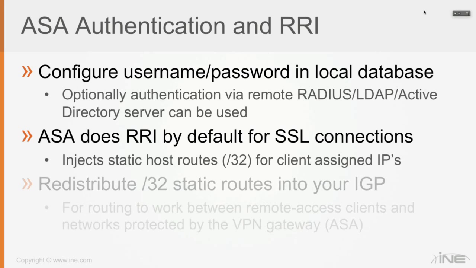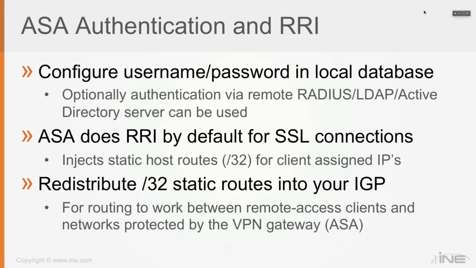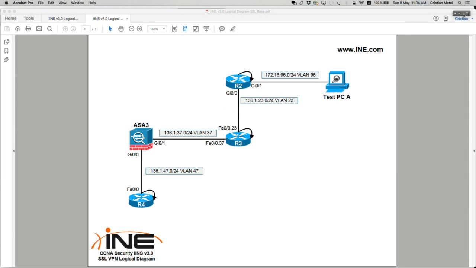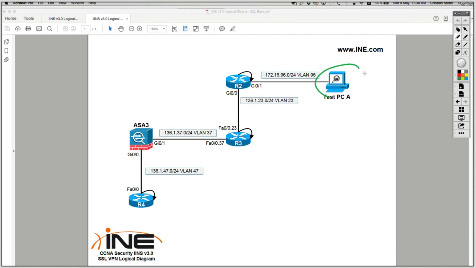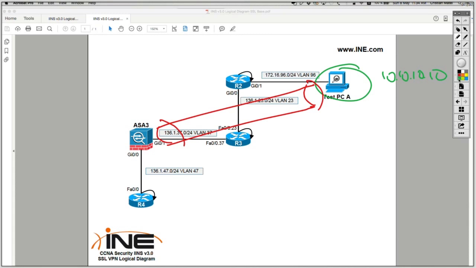The last thing we want to do is redistribute that static route into our IGP or BGP, depending on what routing protocol the ASA runs. Because otherwise, when router 4 receives an IP packet sourced from the AnyConnect address of 10.10.10.10 through the SSL VPN tunnel, it has to be able to route packets back to 10.10.10.10.